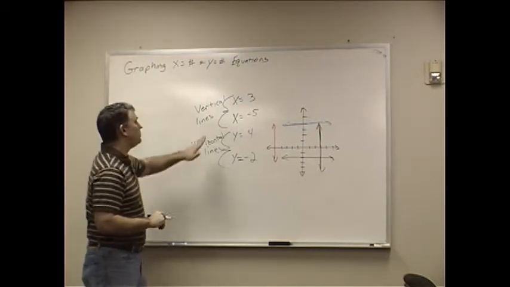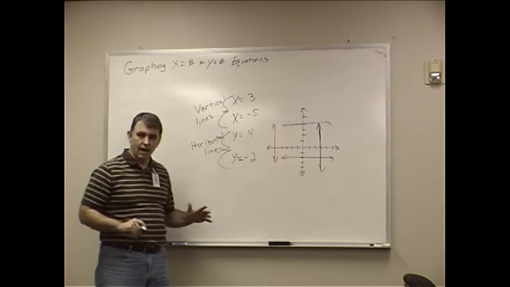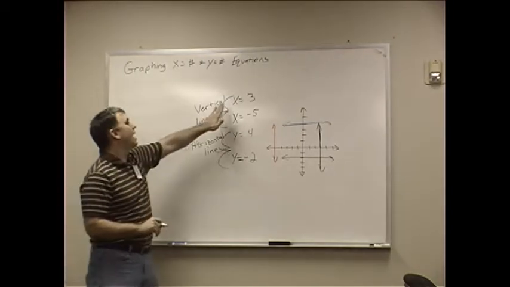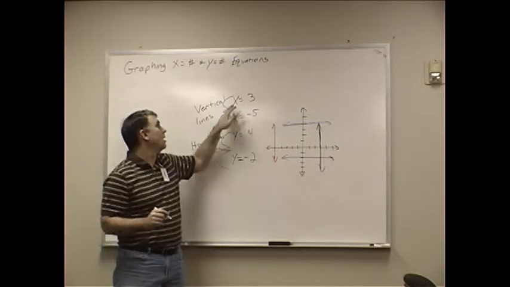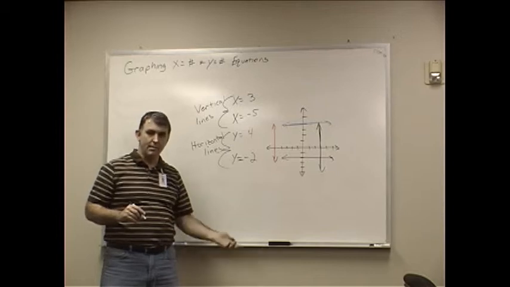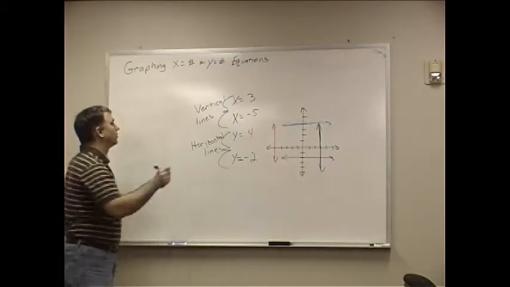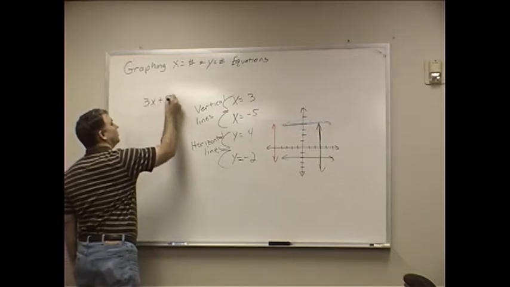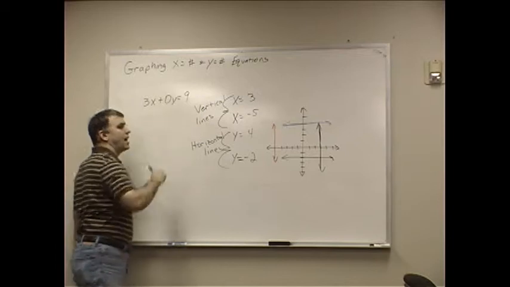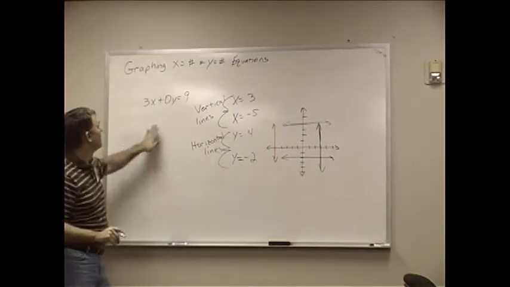All right. Why are we allowed to make vertical lines and horizontal lines? X equals 3. What ended up happening? I'm going to give you an example for where maybe x equals 3. So let's say the equation started out as 3x plus 0y equals 9. This would be this equation written in standard form.